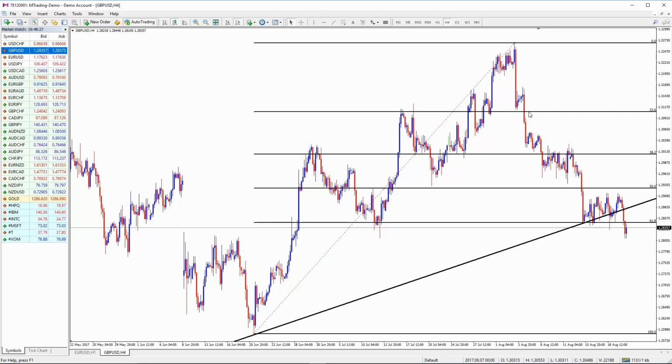But the golden ratio, the key ratio level to be aware of, is the 61.8%. So once we see a retracement to this area and we break through that level, we can pretty much view this as a high probability that it will go on to go back to the previous lows.